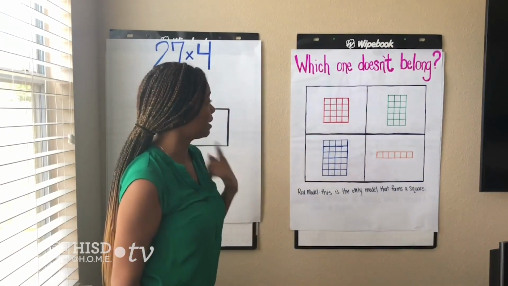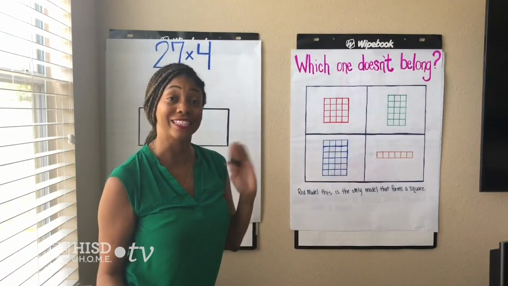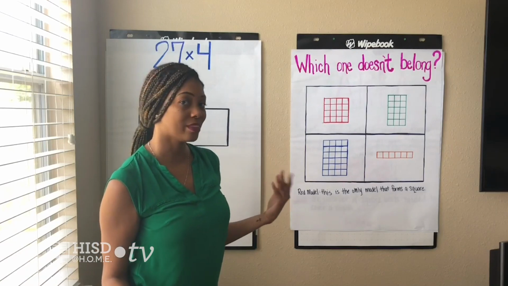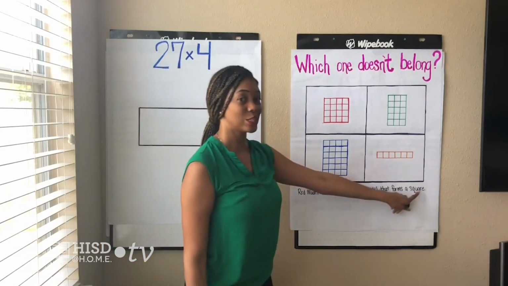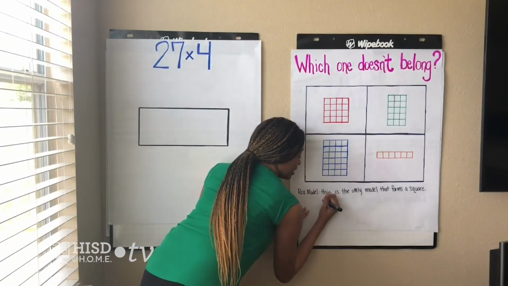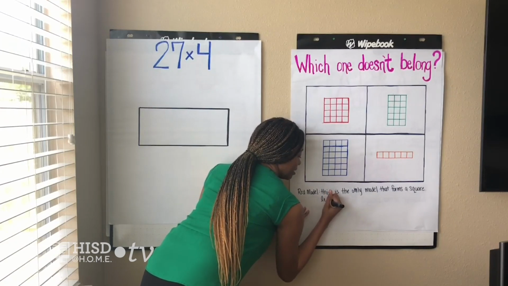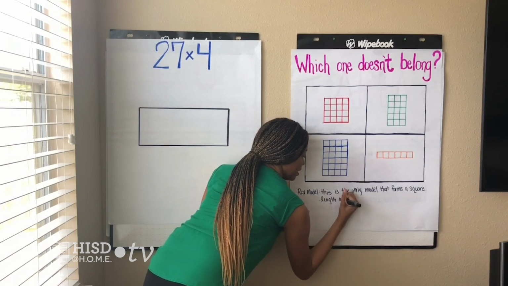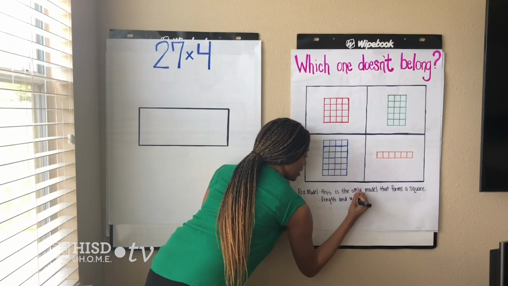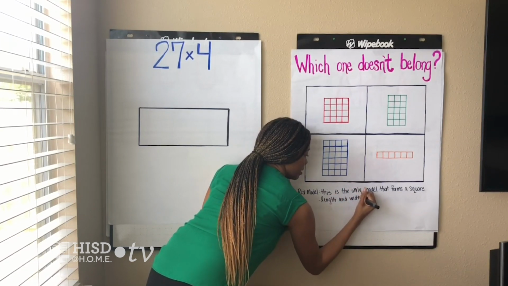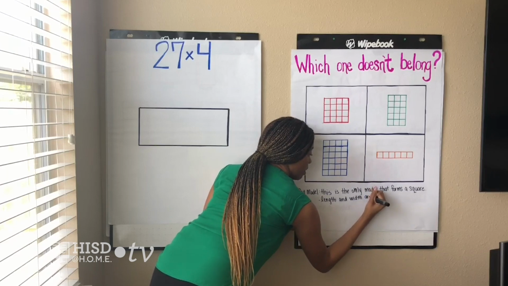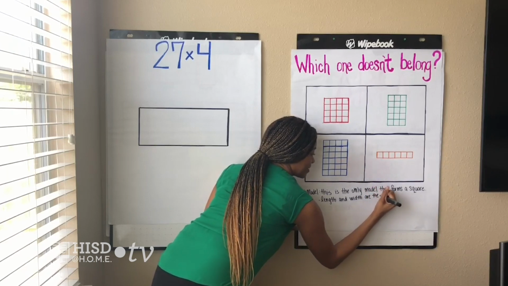I also noticed that it's the only model that has the length and the width as the same thing, which makes it a square. So the length and width are the same.